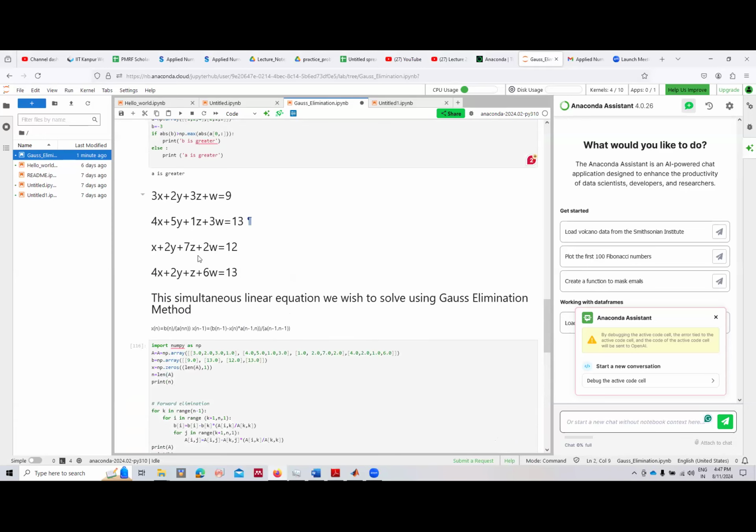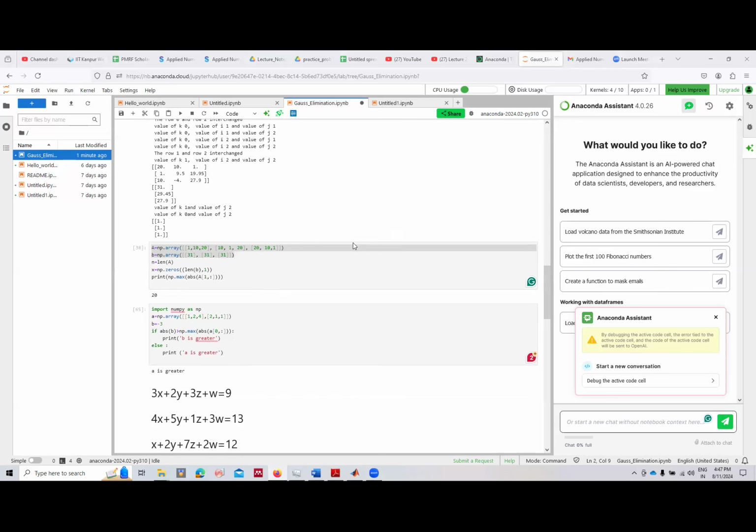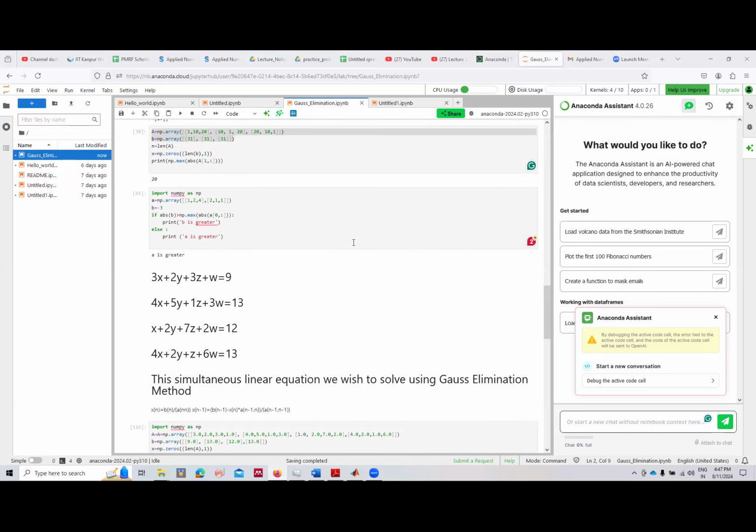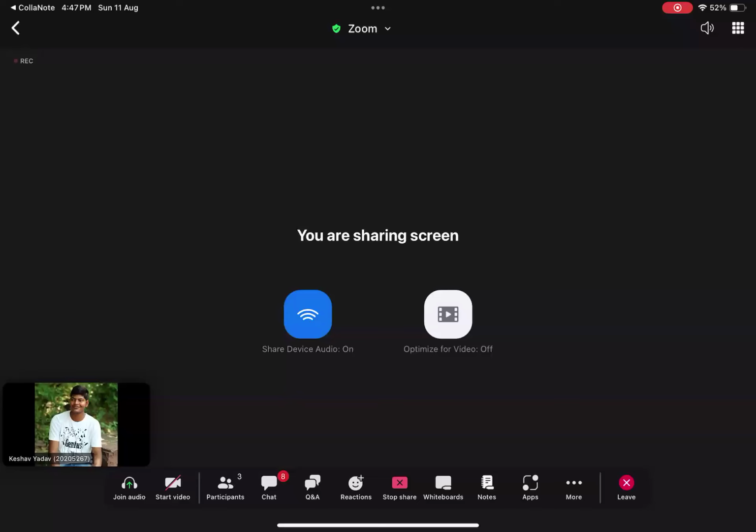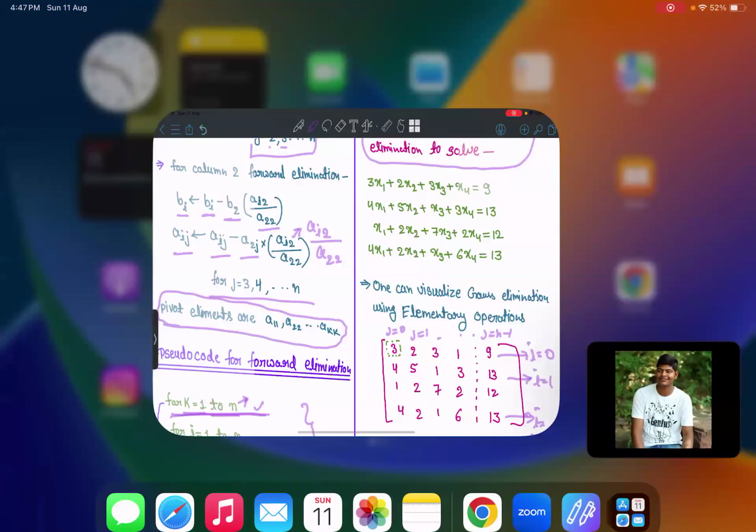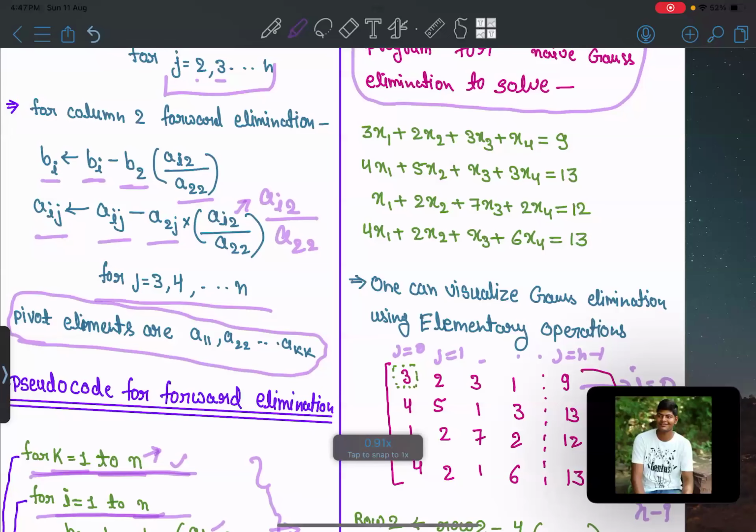If you solve this system of equations, you will get only one solution. Okay, so this was the simple problem.